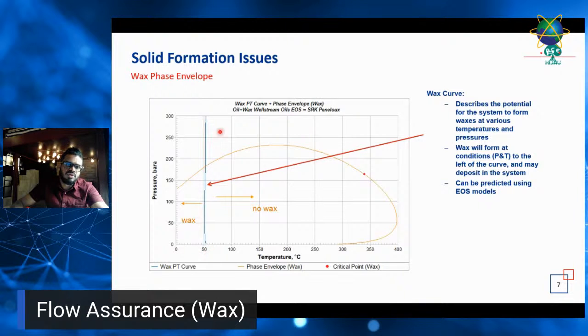We need this line to be predicted, and also the wax precipitation curve, and the viscosity below WAT also needs to be predicted, and we need to match the viscosity below WAT against the laboratory data.